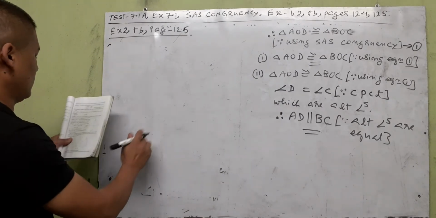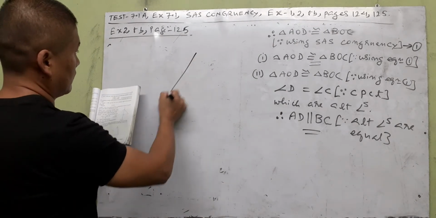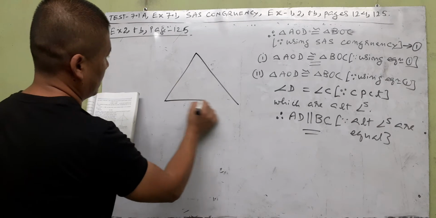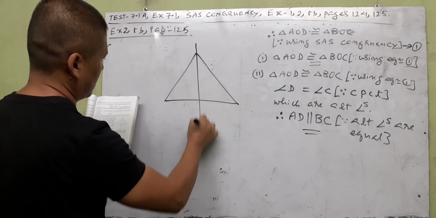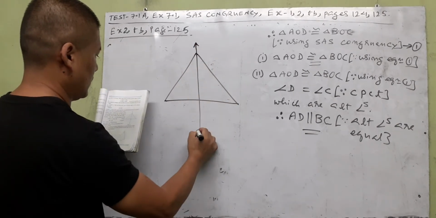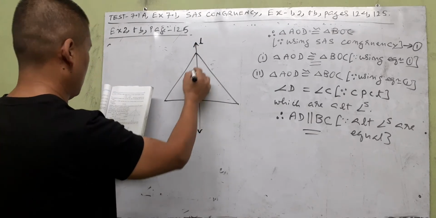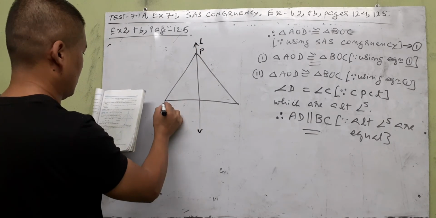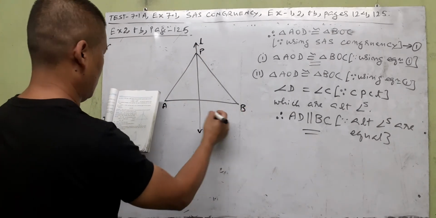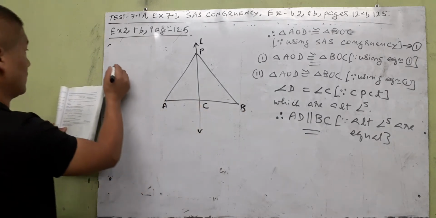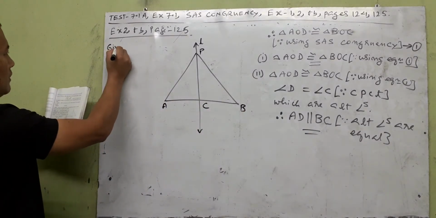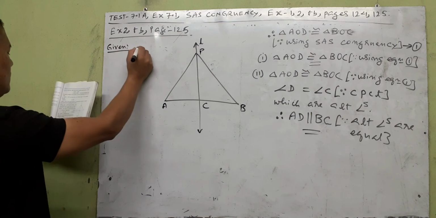The figure is given to us, so let's draw the line like this, and there's a line right down here. The question says this is line L, and this is P, A, B, and C. Now let us write down what is given.